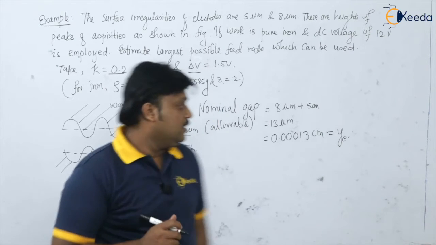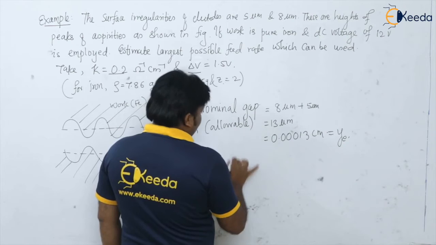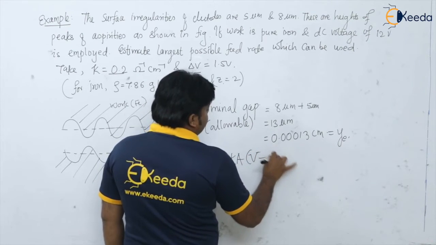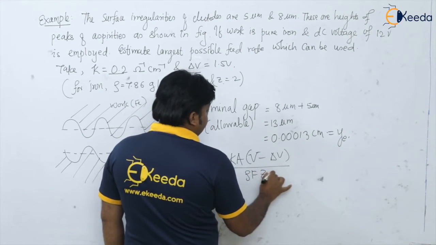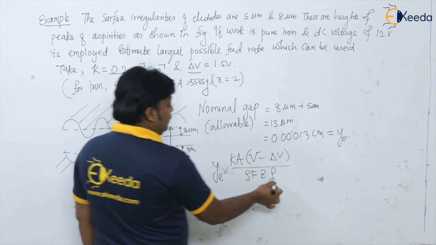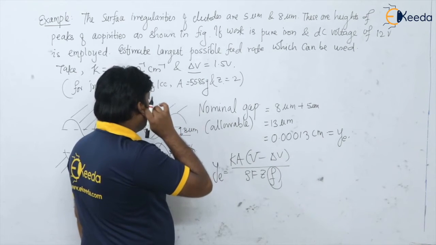And we know how to calculate this equilibrium gap. This YE is equal to K into A into bracket V minus delta V divided by rho F Z into this F. So here they are asking for the feed rate, definitely in centimeter per second.